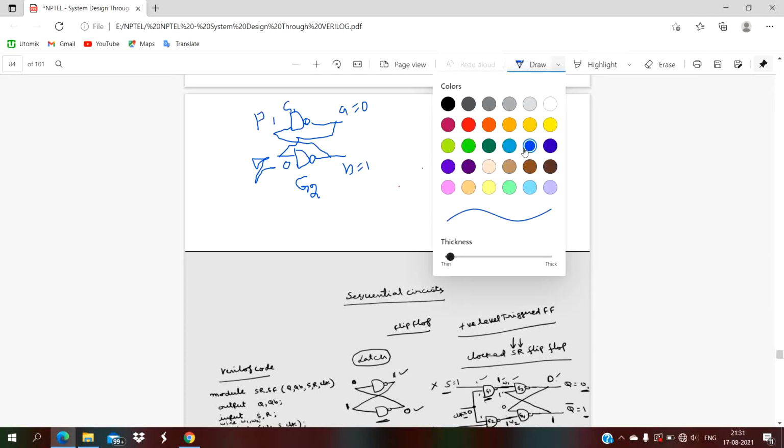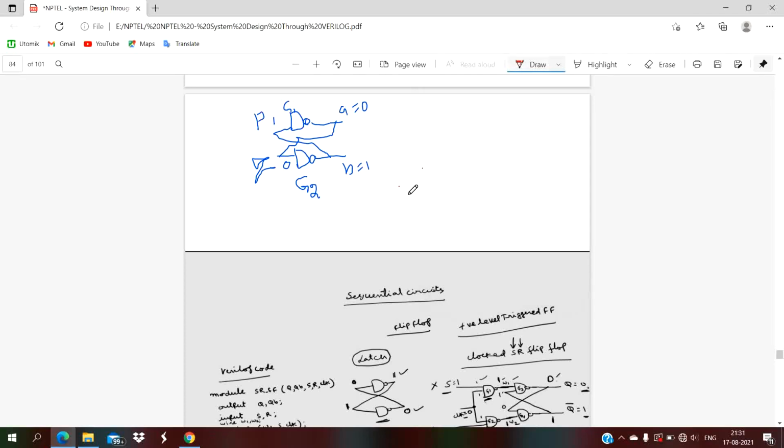Next, after the first execution, P is equal to 1, the output of the NAND gate is 0. That means inverse. Here the NAND is used as a NOT. So here for 0 the output is 1.